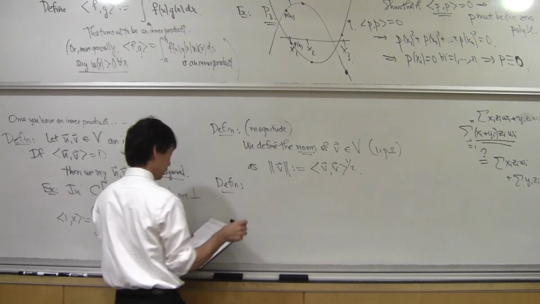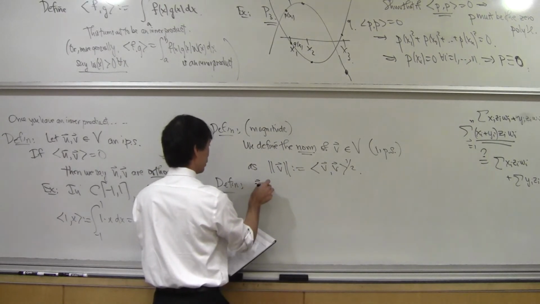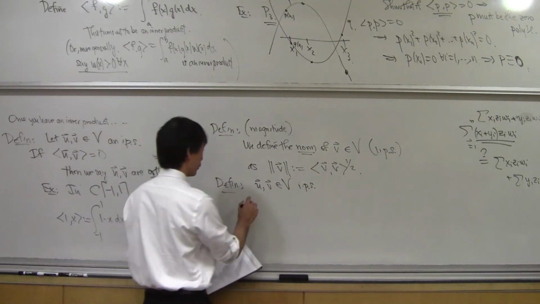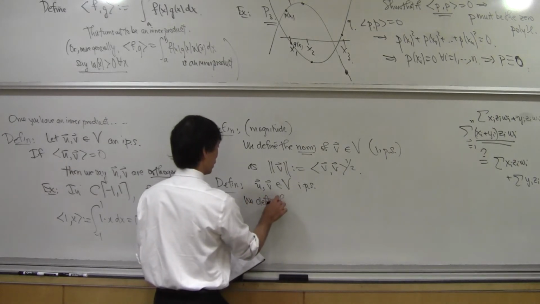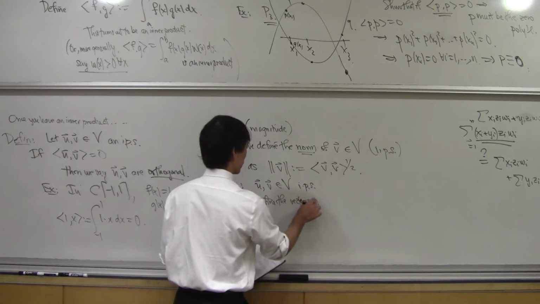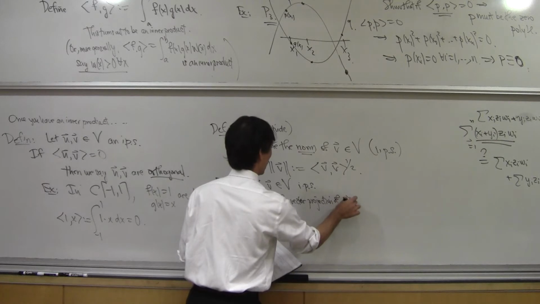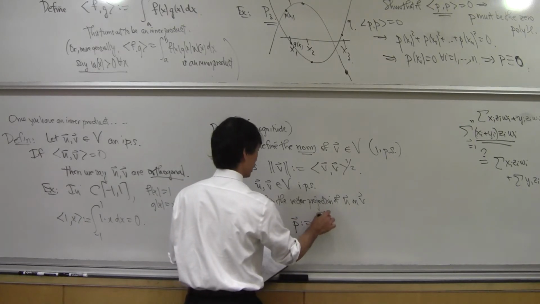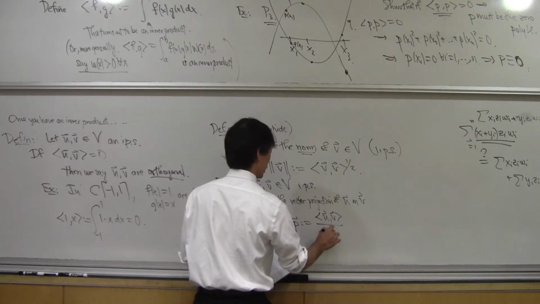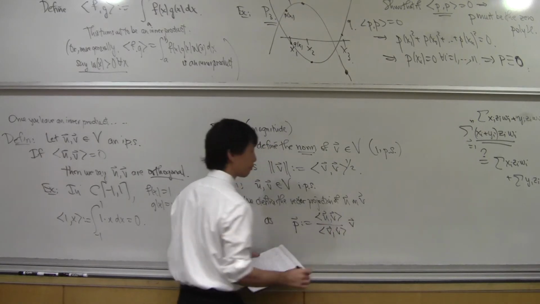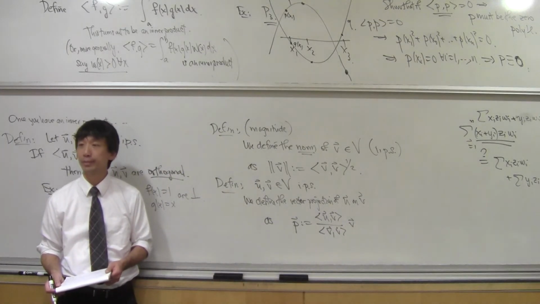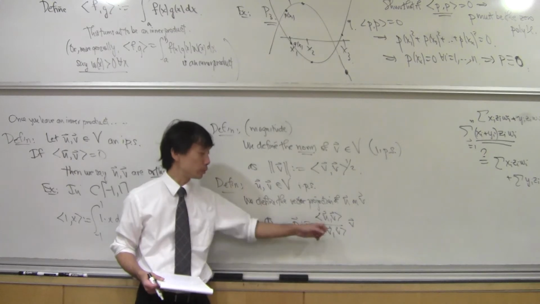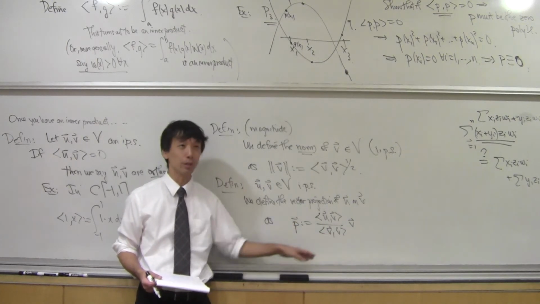Another definition. If you have U and V in the inner product space, we define the vector projection of U on V as the inner product of U against V over the inner product of V against V, times V. So we just use the Euclidean definition, and then we switch it over to the abstract inner product.